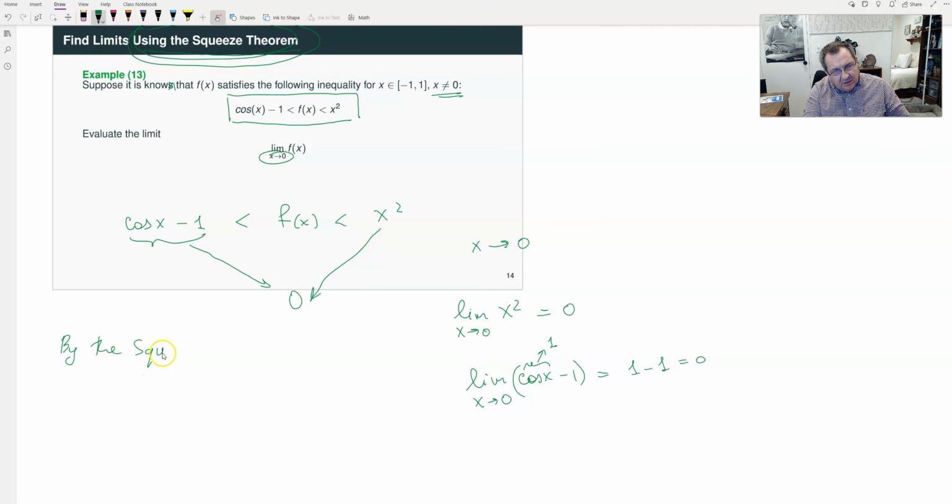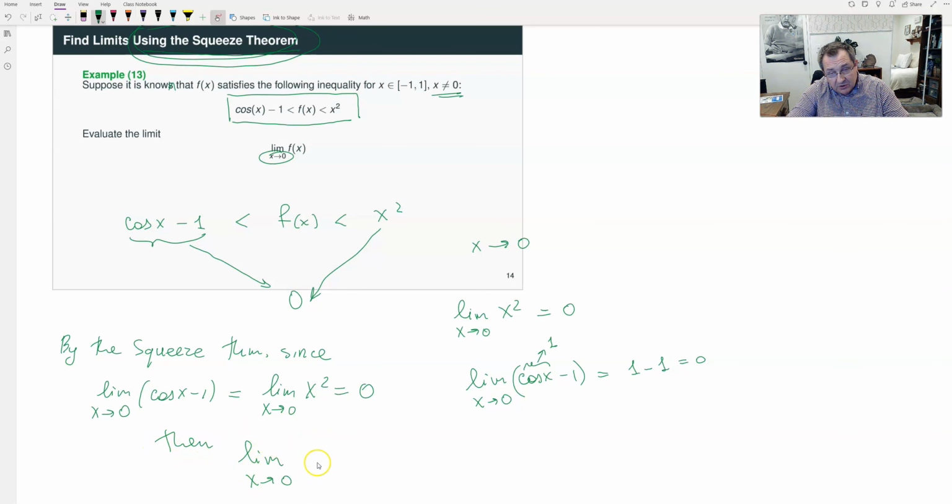By the squeeze theorem, since the limit as x approaches 0 of cosine x minus 1 is equal to the limit as x approaches 0 of x squared, and both are equal to 0, then the limit of the function f of x as x approaches 0 also exists and must be equal to the very same limit.